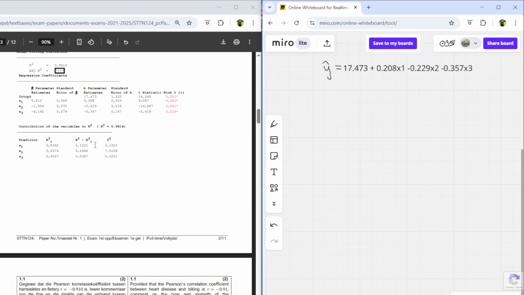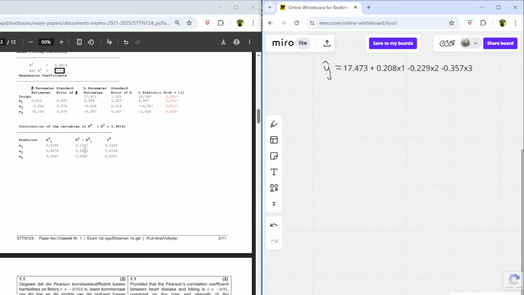The bigger number here contributes the most and the smaller number contributes the least. So they said we must name them in order of importance. 0.1221, 0.2940, 0.0087. So x2, 0.29, is the biggest. So it's going to be x2 and then x1, 0.1221, before 0.0087.